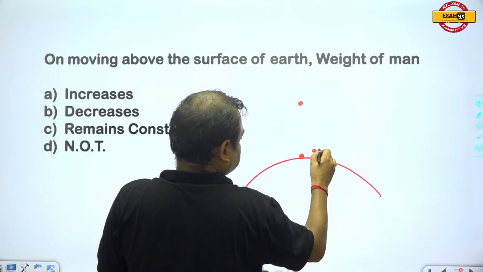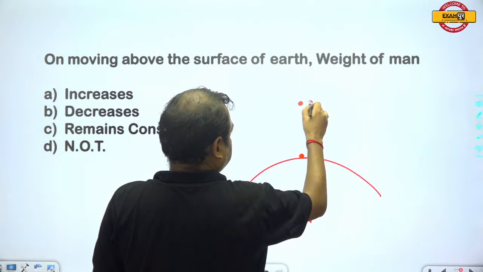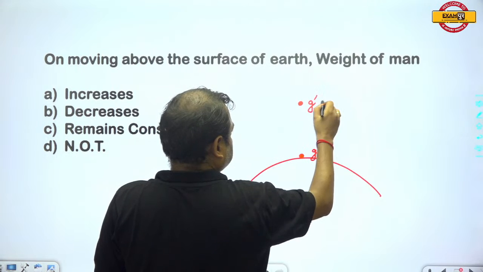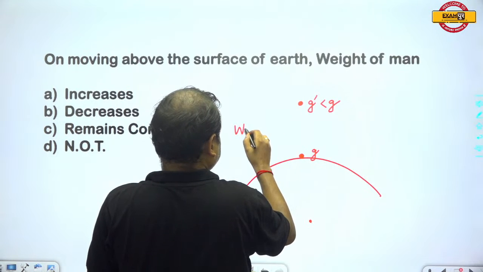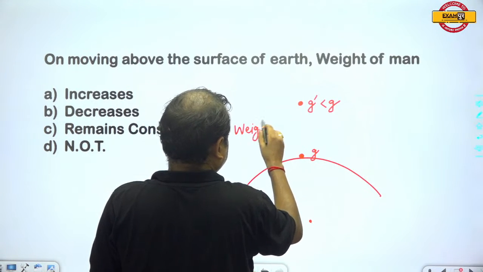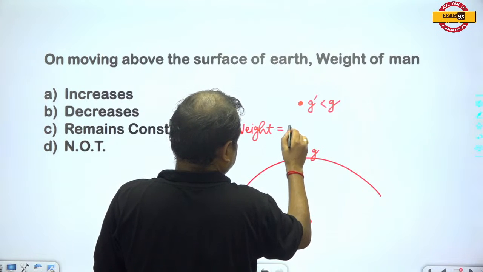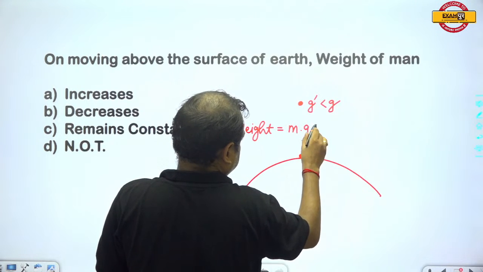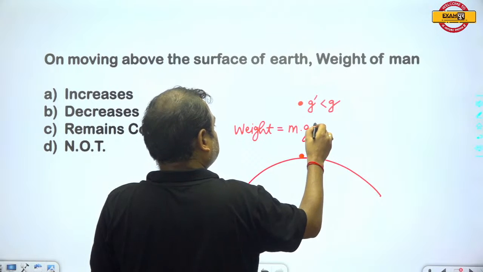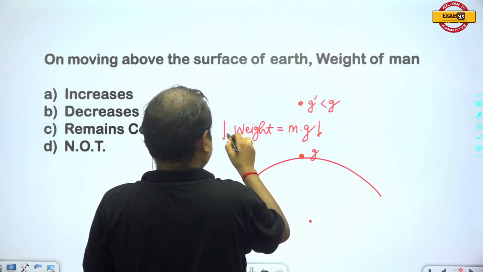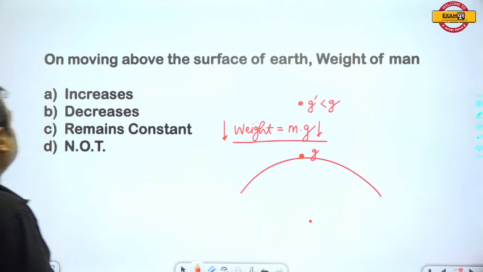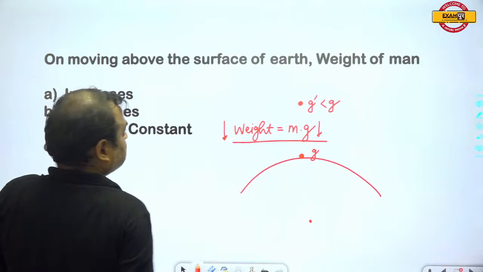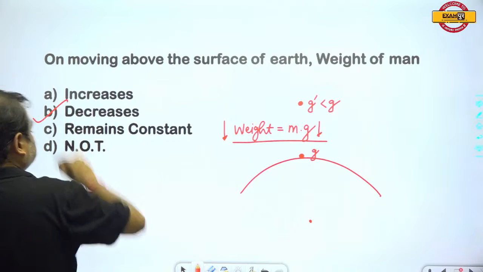The value of gravitational acceleration here is g, and here it is g dash, which is less than g. We all know that weight of body is equal to m into g. It means if the value of g decreases, then weight of the body will also decrease. So on moving above the surface of earth, weight of man decreases.